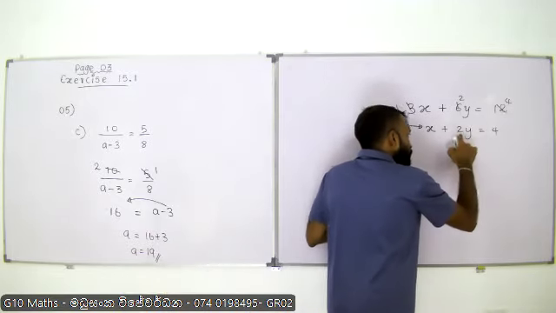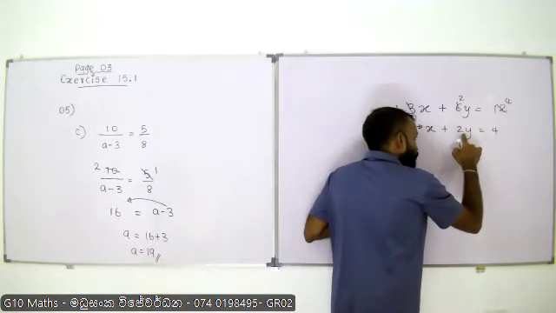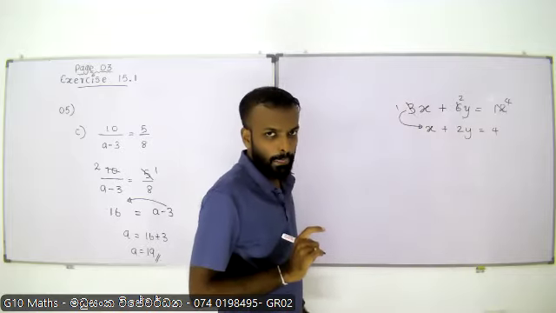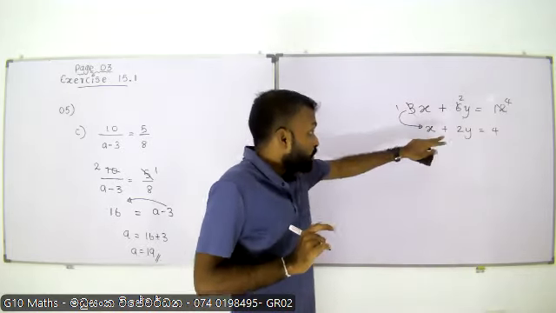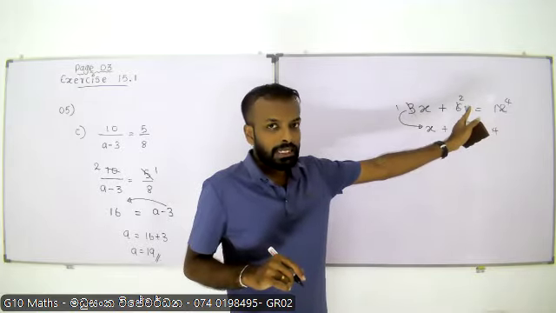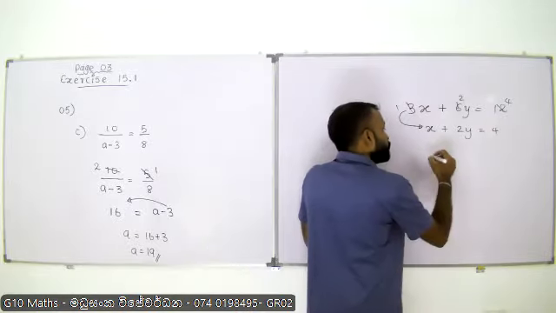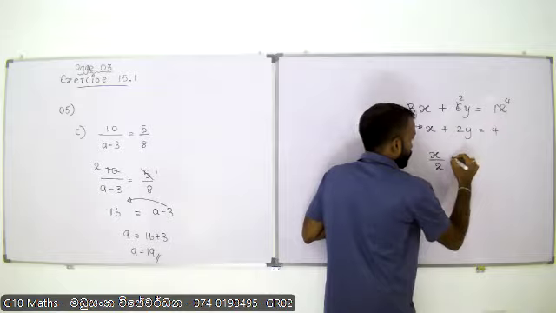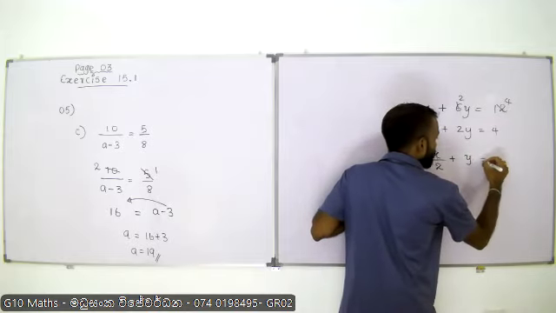So now this 2 is common for these two terms. If you want to again divide all the three terms by 2, it will give you something like this. I am going to divide all the three terms by 2.